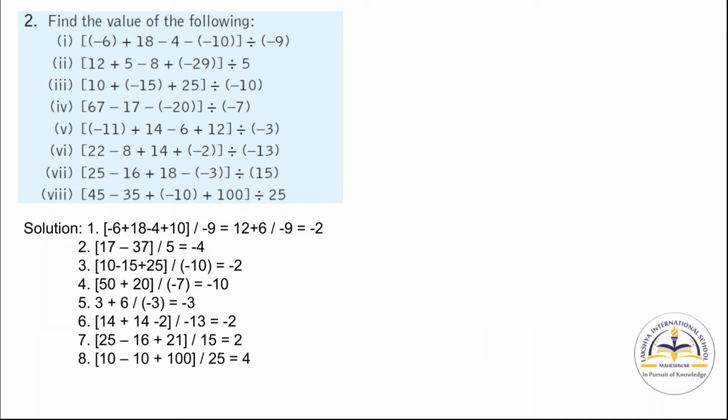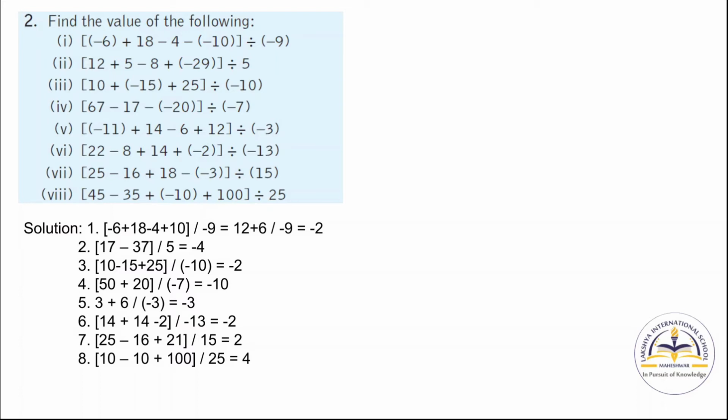Question number 2, find the value of the following. Here our first question is minus 6 plus 18 minus 4 minus, in bracket, minus 10 divided by minus 9. First of all we have to solve the brackets. When we solve the brackets, we will get minus 6 plus 18 minus 4 minus minus 10, which becomes plus 10, divided by minus 9.